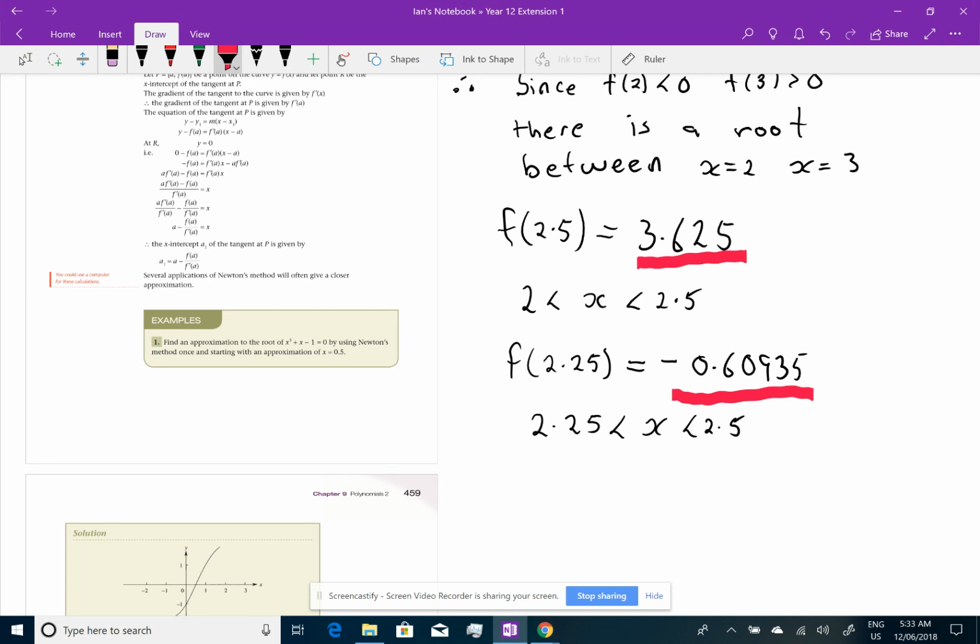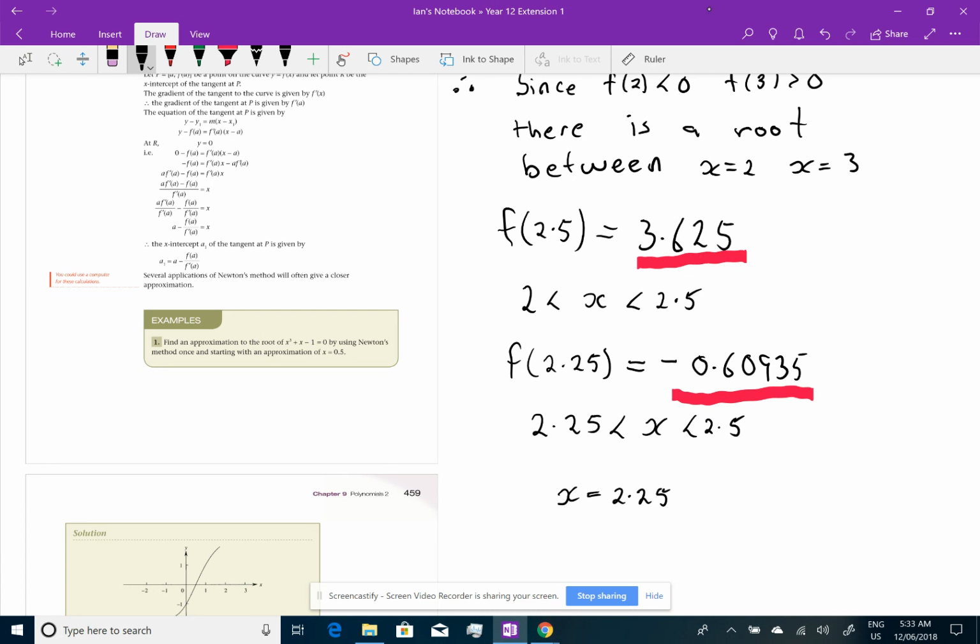I'm getting there. I'm going to get to exercise 9, Chapter 9, question 12. Now she's gone, as I would have thought, x equals 2.25.